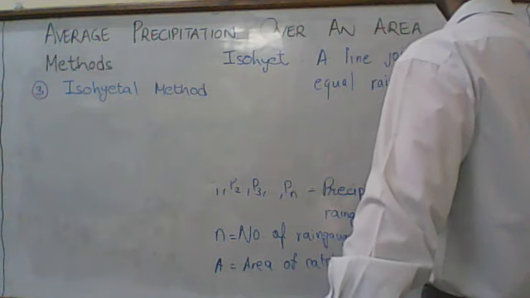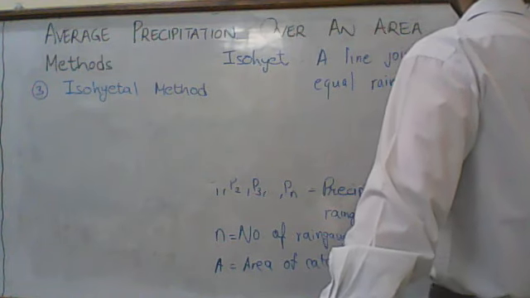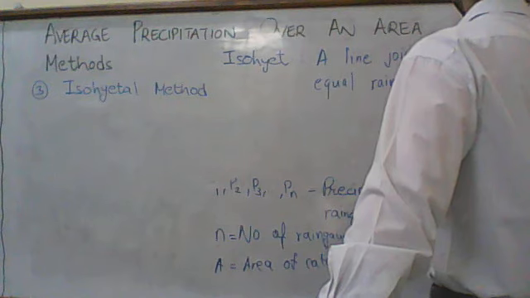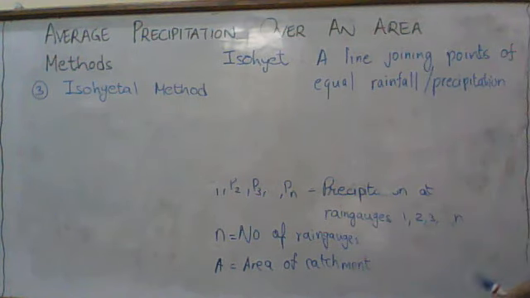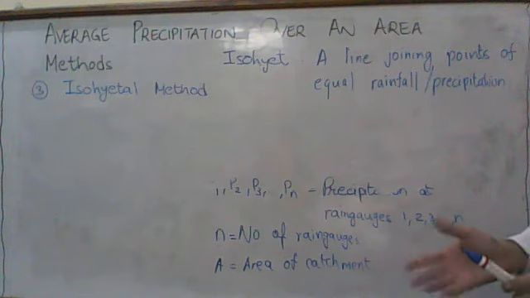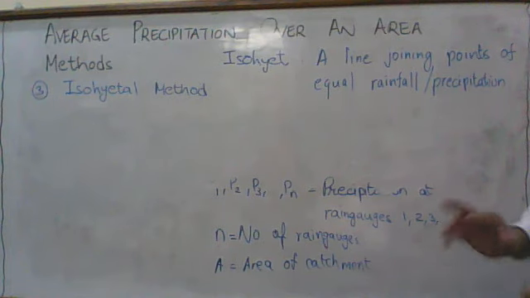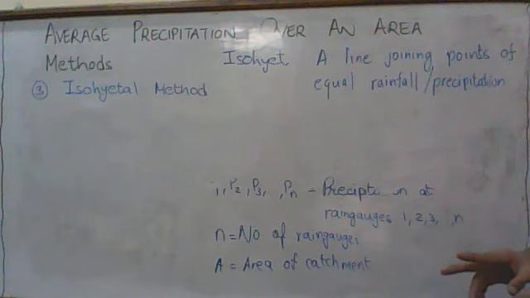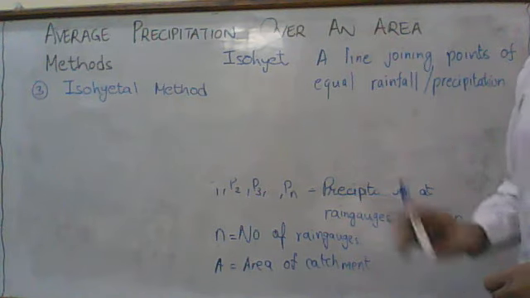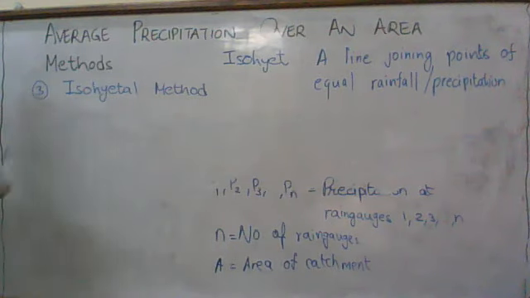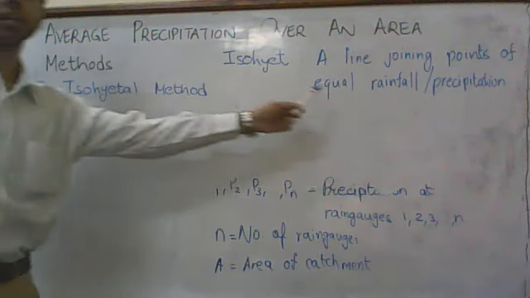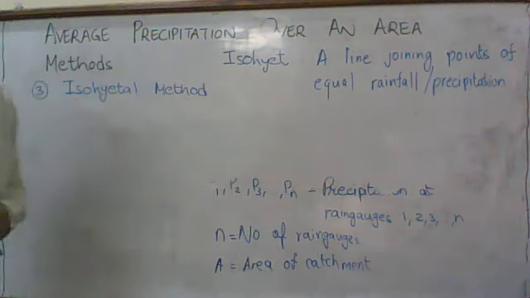Now, whenever I say precipitation, that should equally mean rainfall. Okay, either I can call it precipitation or I can call it rainfall. It is synonymous to each other. So you should not get confused about it. So isohyet is a line joining points of equal rainfall.